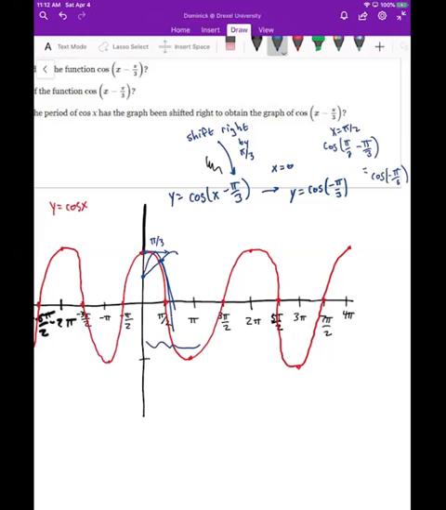Let's try this again. Okay, so I should get something. So pi over 3 will be a little bit less than that. So I should get something like this.